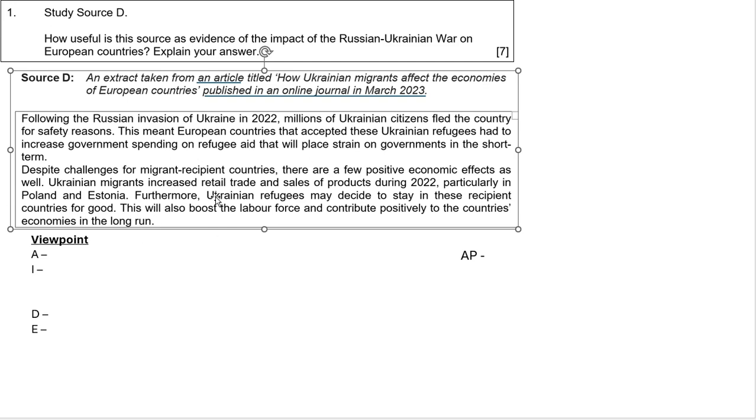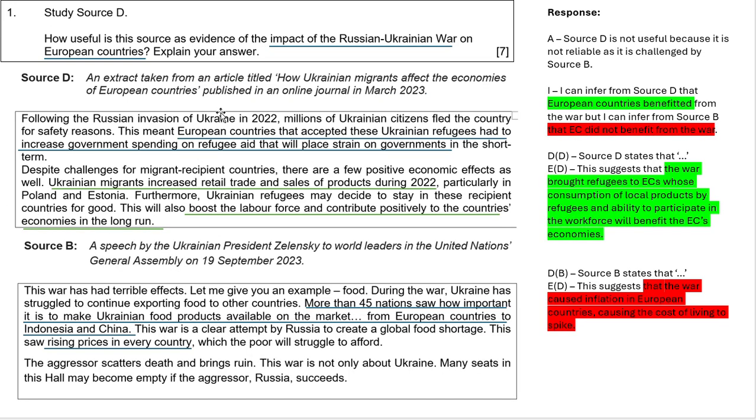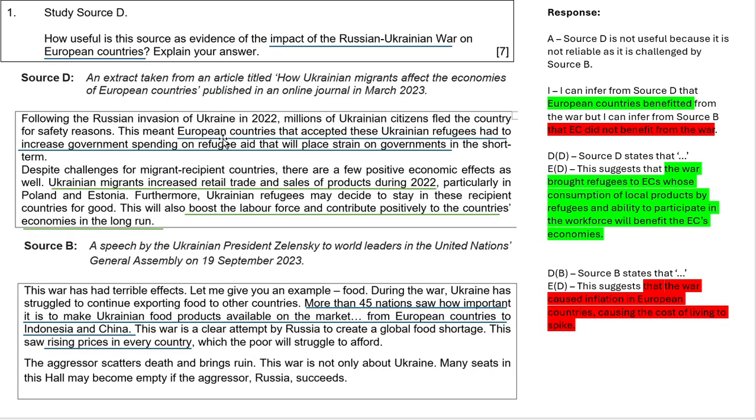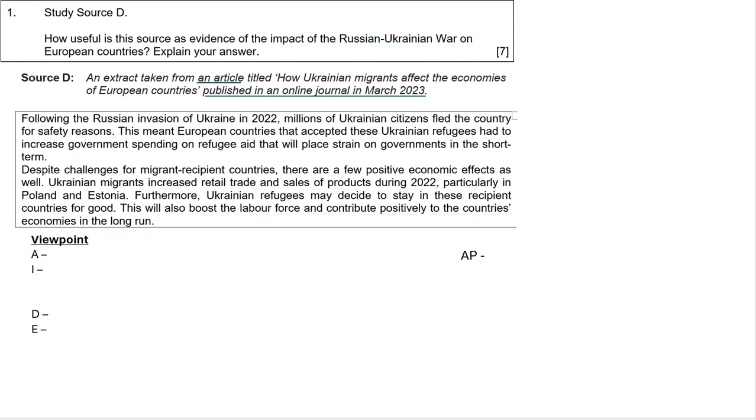If you read the whole source, you realize that we go back to the previous analysis of source D. You realize that actually source D has quite a balanced viewpoint on this topic, right?